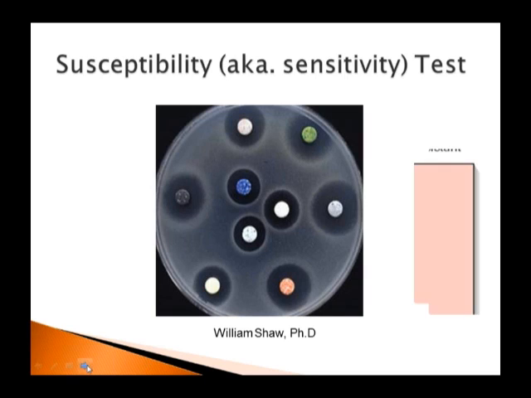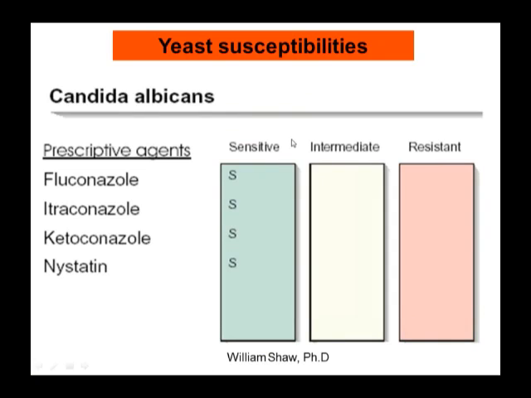Okay, and so this is an example here of a yeast susceptibility test to Candida, and we notice that in this particular test of this patient, the different antifungals are effective. Fluconazole is Diflucan, ketoconazole is Nizoral, nystatin is a very common remedy.